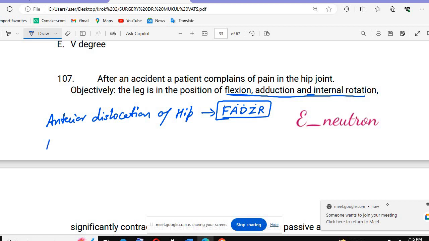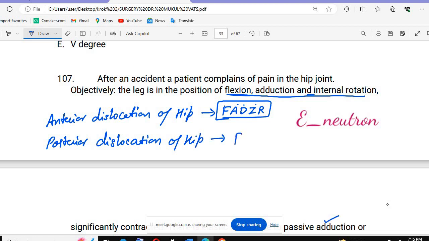If you see posterior dislocation of the hip, we call this condition FABER. So what is FABER? FABER means the patient has flexion, AB means abduction.